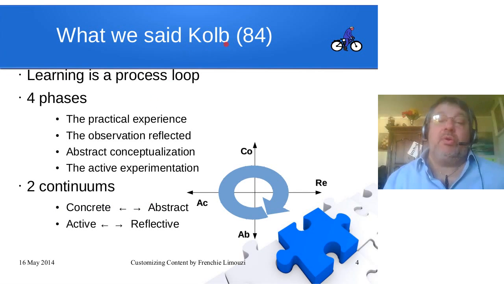First step. What said Mr. Kolb? Kolb is an American education theorist. He said first, the learning is a process loop. Again, and again, and again.